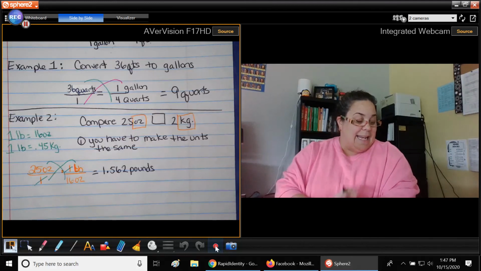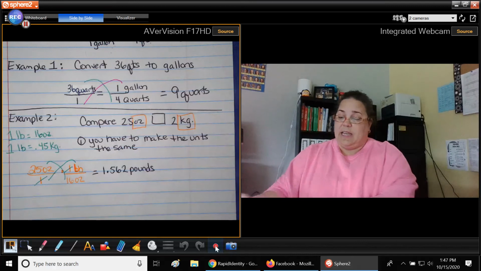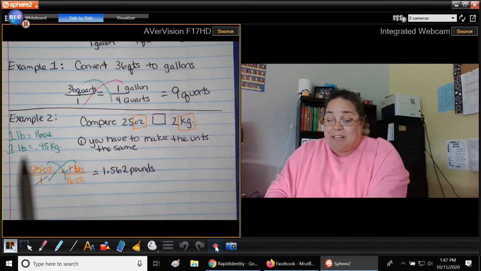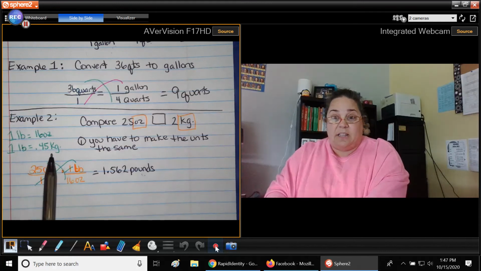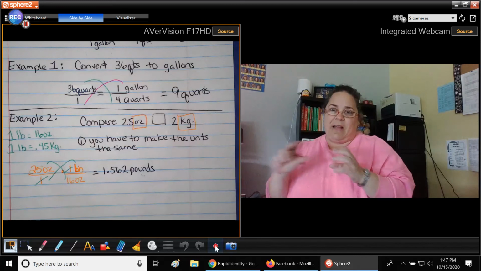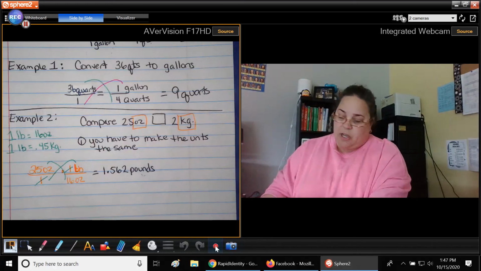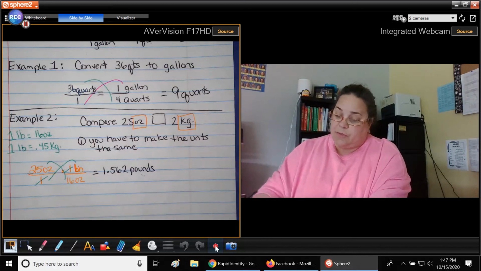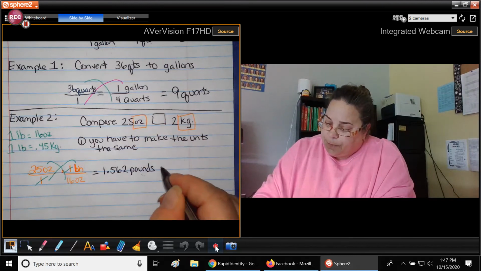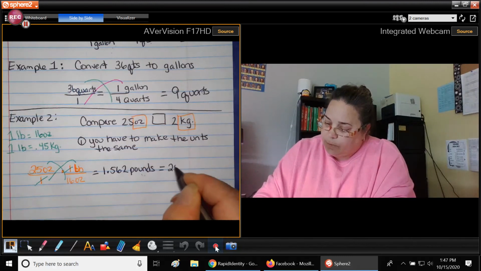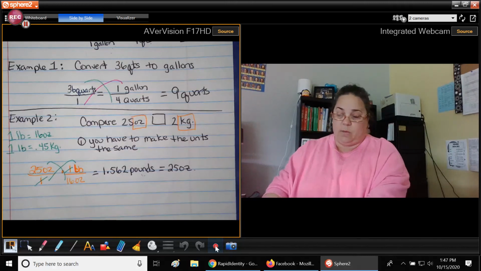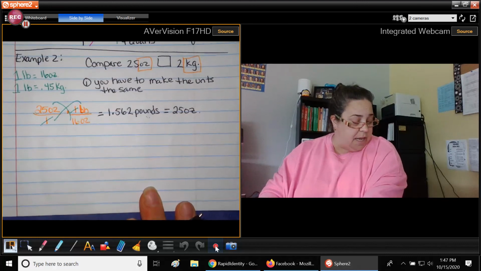Okay, now I have it in pounds, the ounces are in pounds, and I have a conversion rate for pounds and kilograms, don't I? So now I can do the conversion rate for ounces and kilograms. So that's my pounds for the first one, 25 ounces equals 1.562 pounds. Now I'm going to do my other conversion rate.